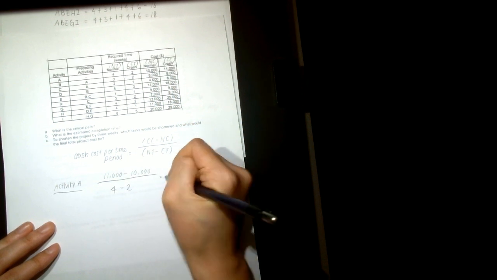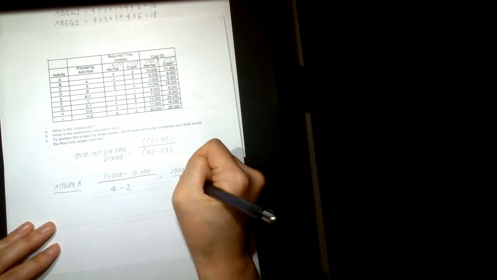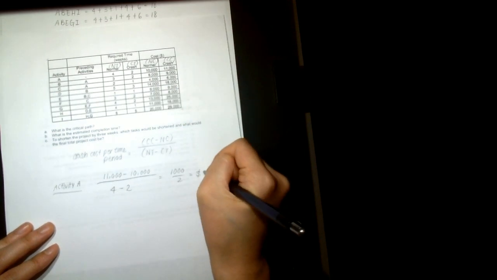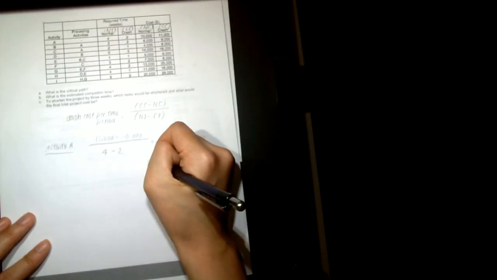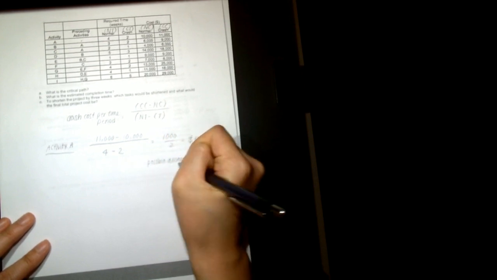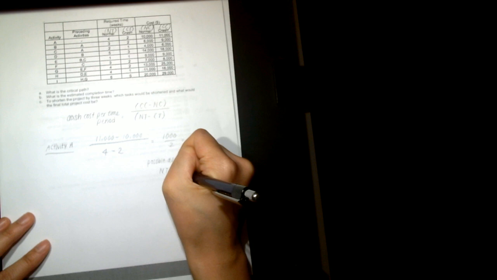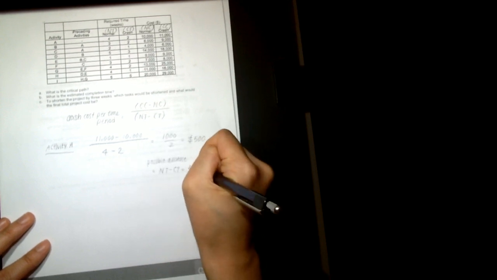So we would get 1,000 over 2, which equals 500 for activity A. And in this case, the possible decrease would just be the NT minus the CT, which equals 4 minus 2 equals 2.